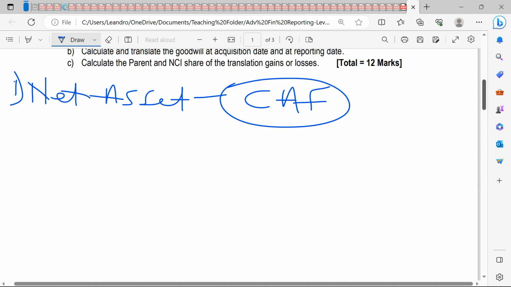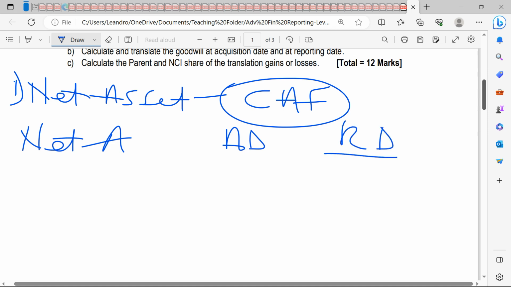So this is where you write net asset at acquisition. So you have the acquisition date net asset and reporting date net asset. So this is your net asset format.